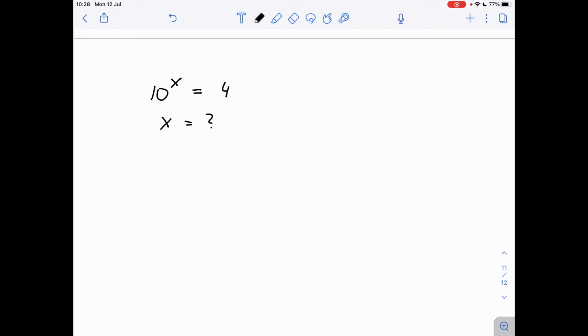So what we can do is we can write log 10 of 10 to the power of x equals log 10 of the number 4. And again, we know that the log 10 and the 10 cancel out.